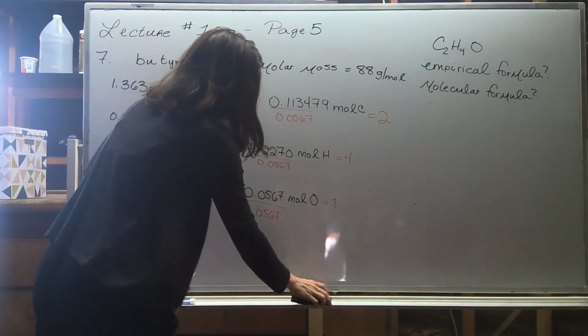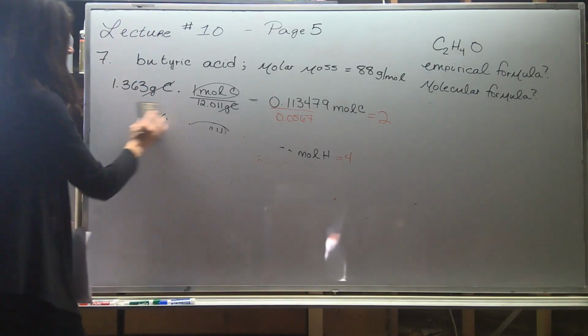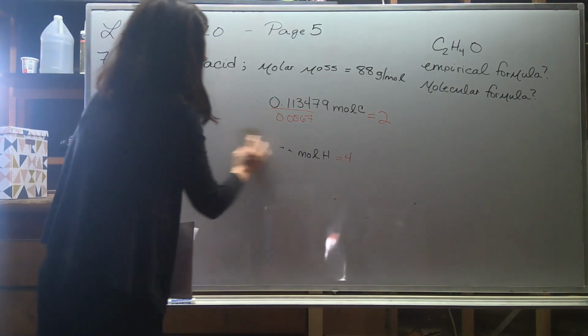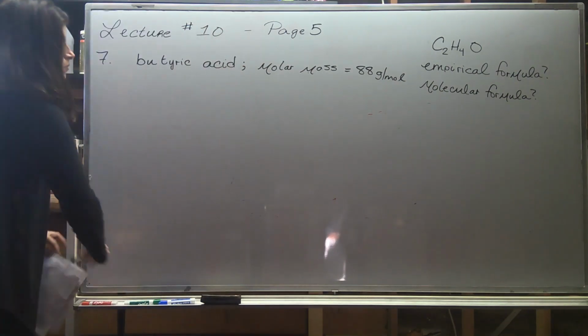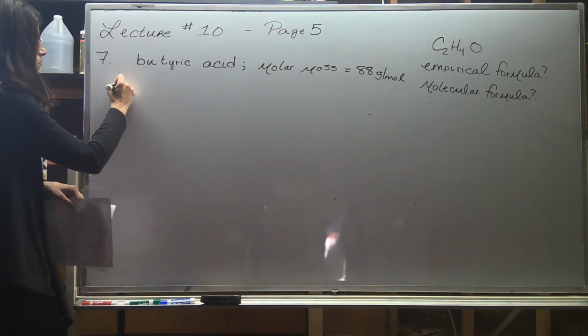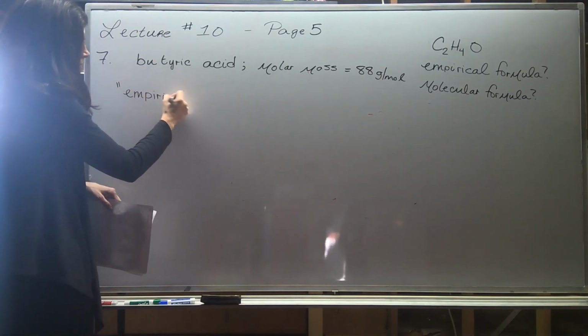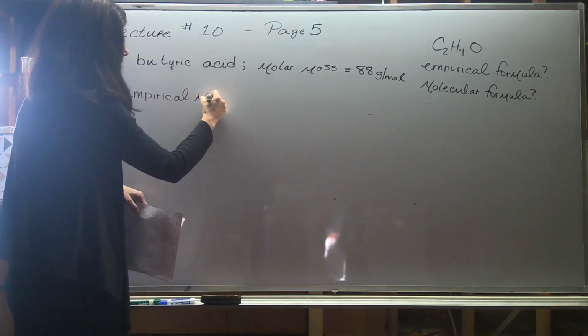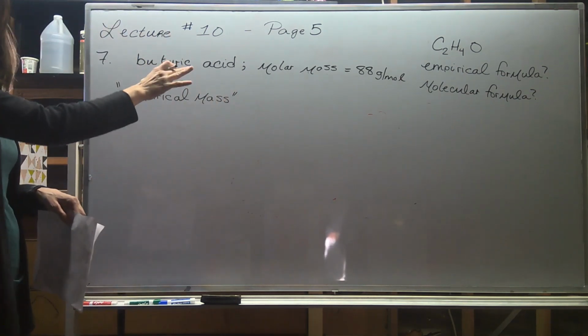I'm going to erase this real quick. My first task is going to be calculating the empirical mass, what I like to call the empirical mass. The empirical mass is just like the molecular mass, except it's based off of the empirical formula.